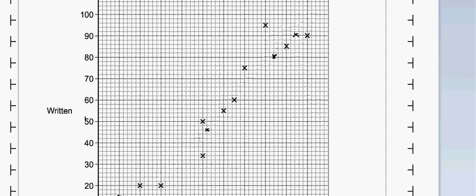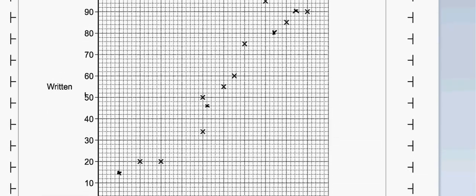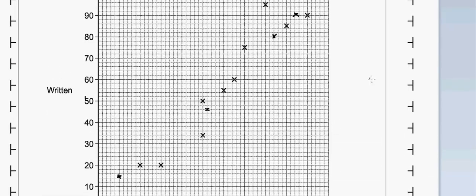We want as many crosses above the line as beneath the line. You might hit some points on the way through, but you won't hit them all. So this is done by eye. Now this particular point is an outlier. It's way out of the rest, so I ignore it.